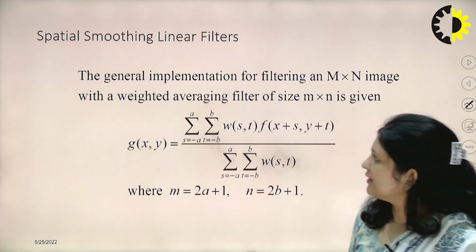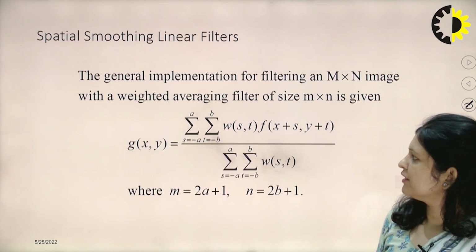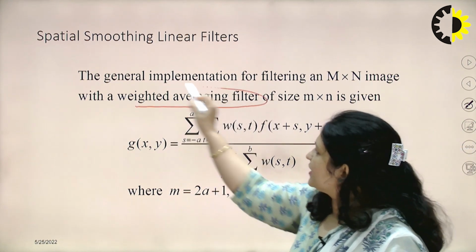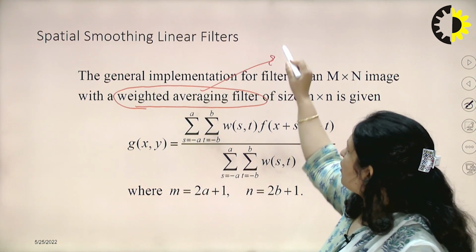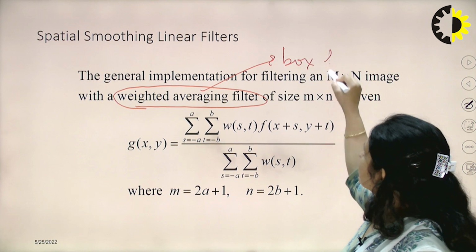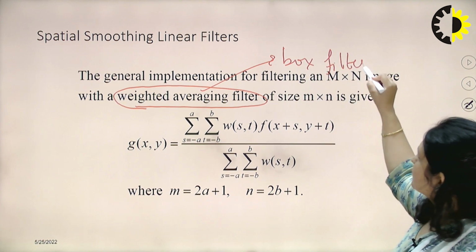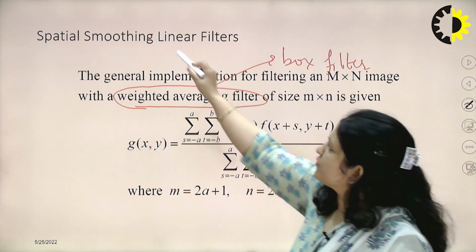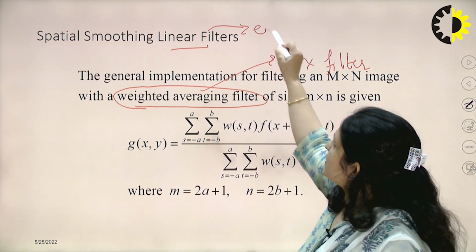Let's see the linear filter. In the case of the linear filter, we have a weighted average filter. Weighted average filter is also called the box filter. In the case of the linear filter, we have an external mask that is being applied.